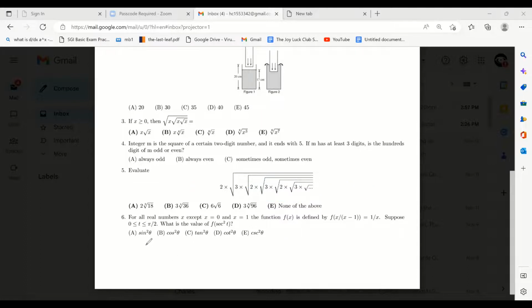For question 6, the question is basically saying you have this function, and what is this? To get the answer, we must first figure out f of x.